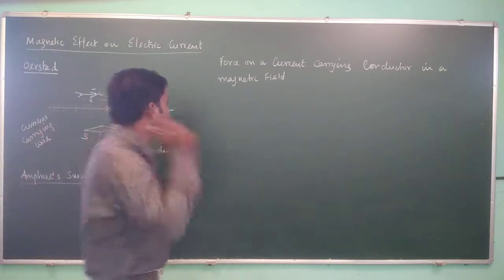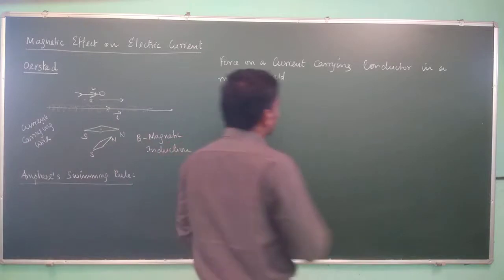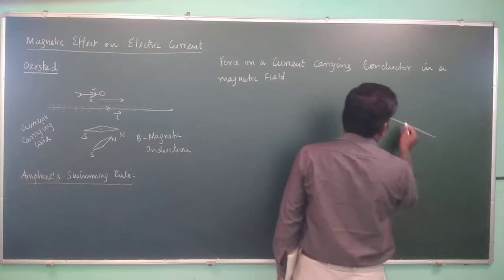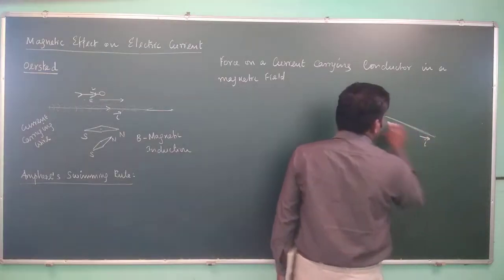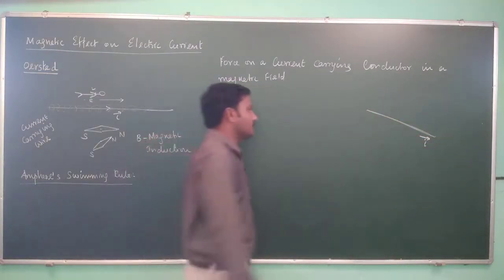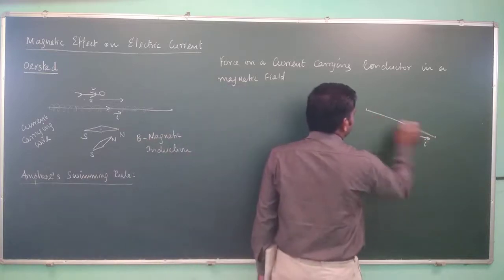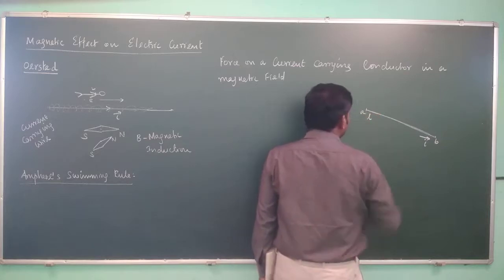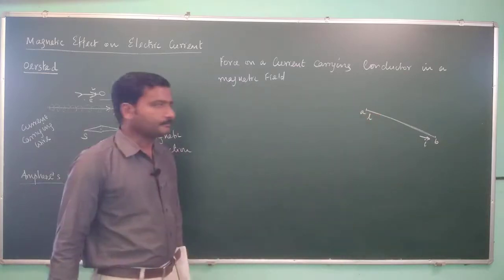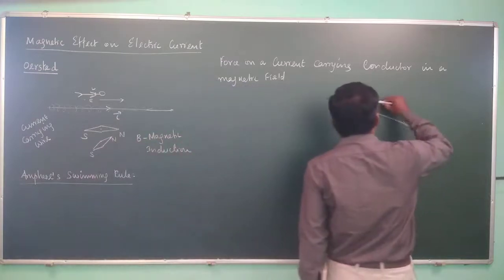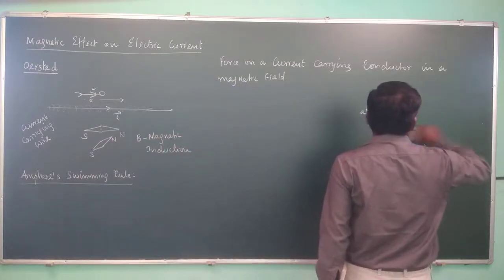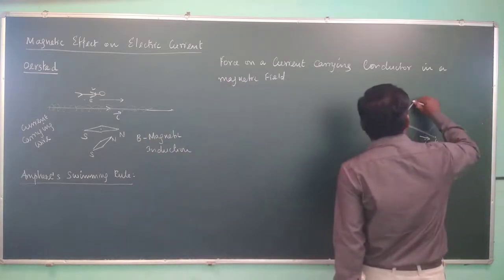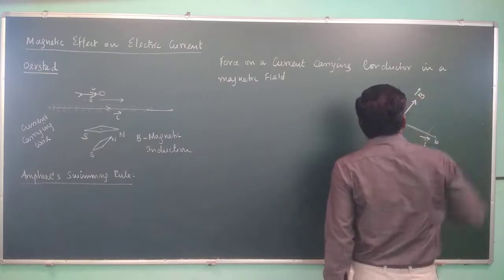So let us consider a current carrying conductor. Let's say the current I is flowing through it in this direction, so it's a vector. AB is the wire which carries the current, and its length is L. A magnetic field is applied across it, so let us consider one such magnetic field, B vector.